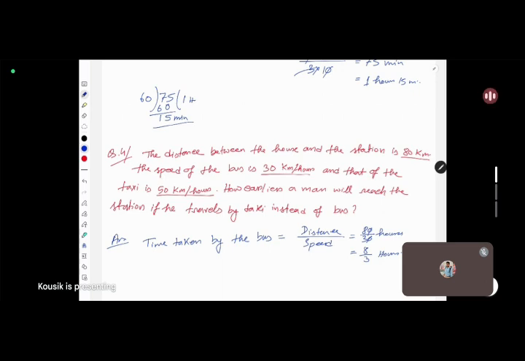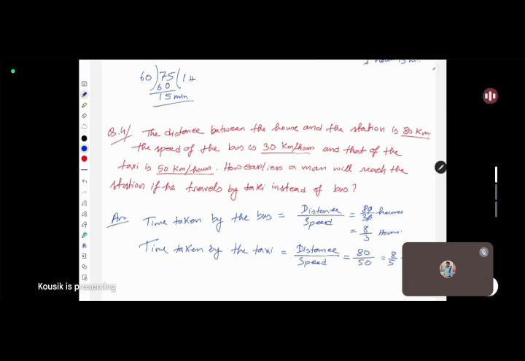And also time taken by the taxi is equal to distance by speed. Distance will be 80 and speed is 50. So that means 8 by 5 hours.